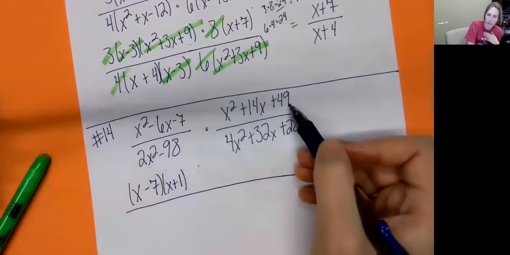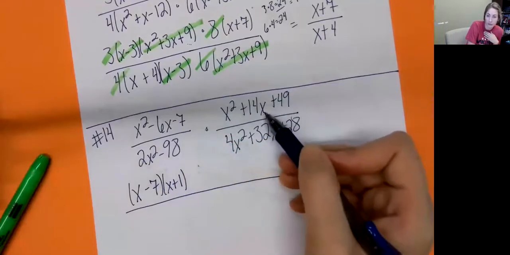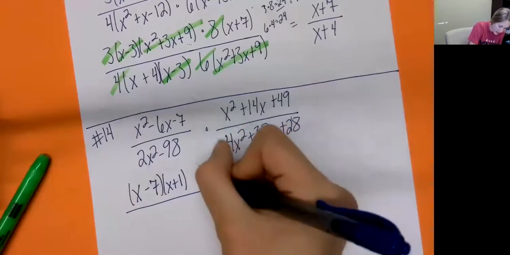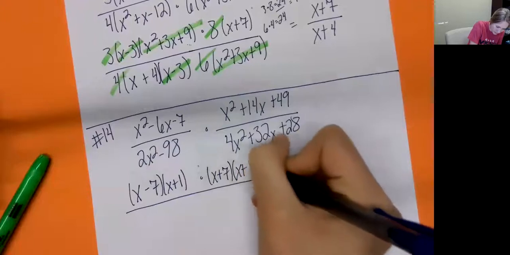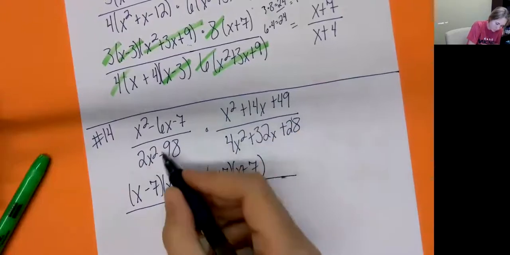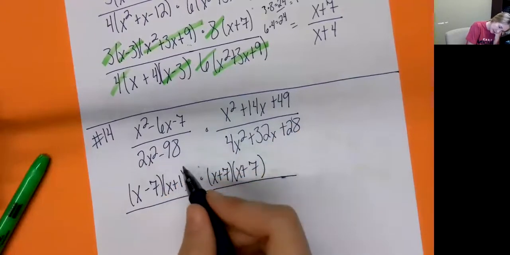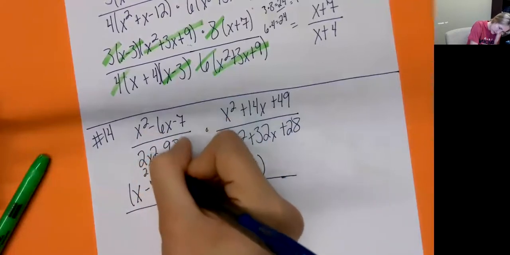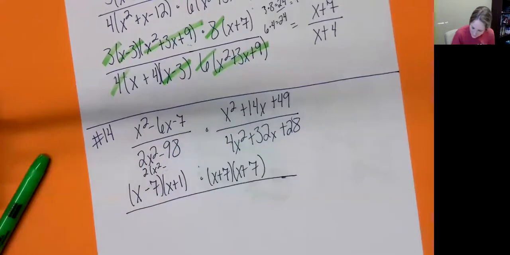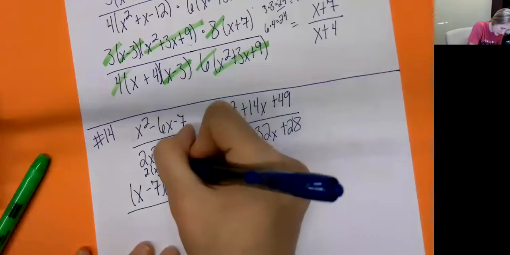Over here, factors of 49 that add to get 14 would be 7. So we're going to have x plus 7 twice. Right here, it's going to end up being the difference of two squares. So I'm going to factor out this 2 and I have x squared subtract 98 divided by 2 is 49.